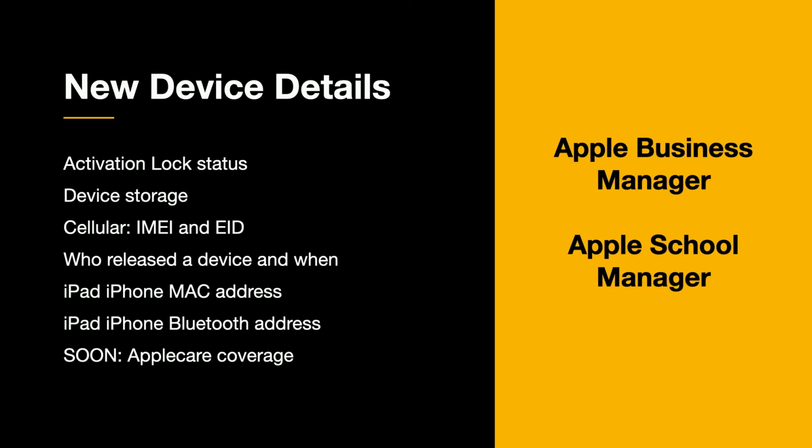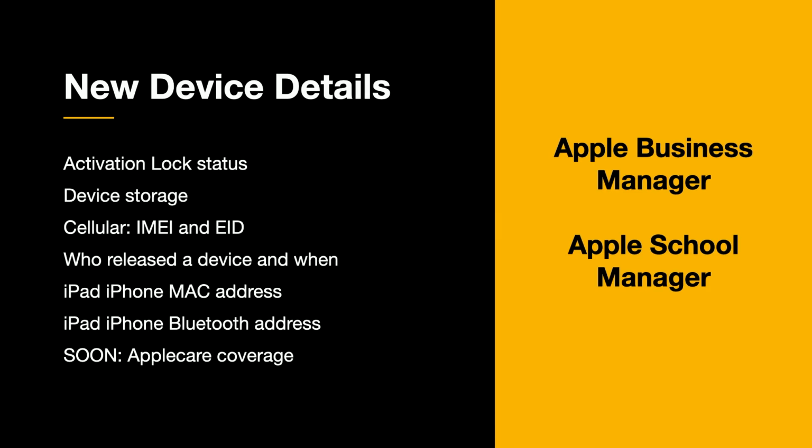If someone returns a device to you that's in Apple Business Manager and it has activation lock turned on, you can go right into Apple Business Manager or Apple School Manager, click the device, click the ellipsis in the upper right-hand corner, and remove activation lock. It's as simple as that. Let's hear a big round of applause for Apple for doing that.